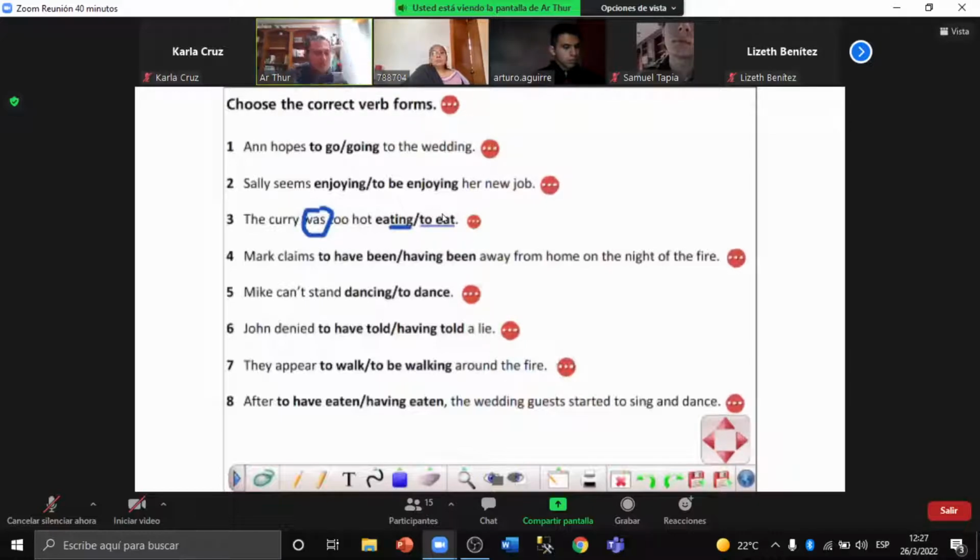Siempre que tengan un verbo to be y vayan a manejar otro verbo, siempre y cuando no sean continuos. To eat. The curry was too hot. Dices, oye, el postre estaba muy caliente para comer.